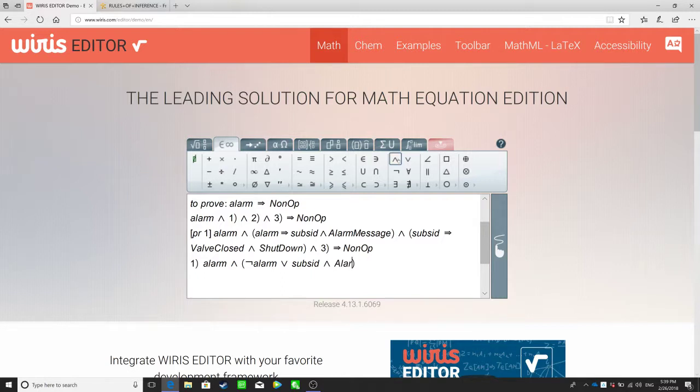We actually need brackets here, but it's not necessary because the and has a high priority, so we can just leave it. But when we want to be more clear, it's better to put them in. Then this and goes here: succeed implies valve open and shut down.